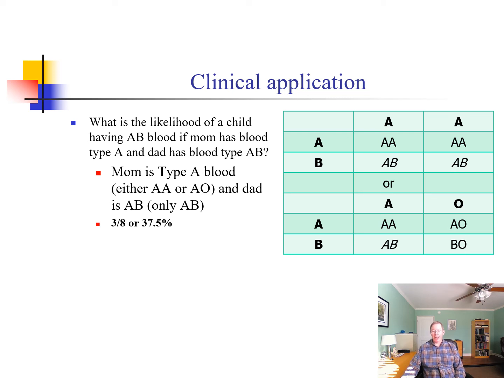But if mom were AO, dad's AB, I have 1 of the 4 combinations, which would lead to AB, meaning that I would have 3 out of the 8, or 37.5% possibility of a child having an AB blood type, with mom being A and dad being AB.